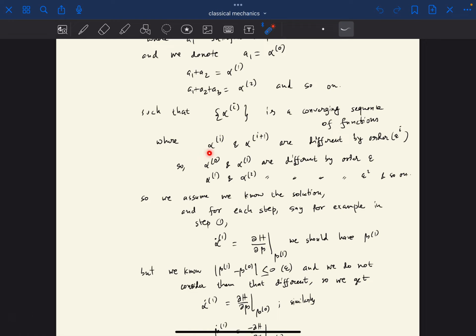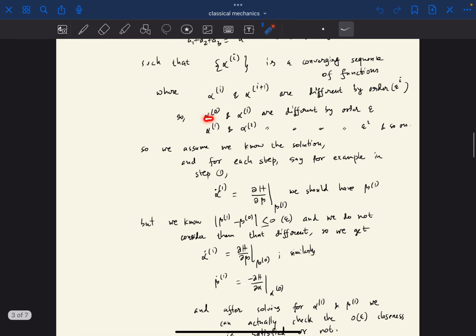And alpha i and alpha i plus 1 differ by order epsilon to the power i. So what I mean is that the values they take for all time on which we are interested differ by order epsilon to the power i.